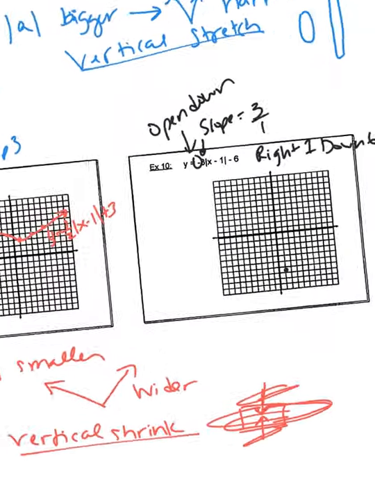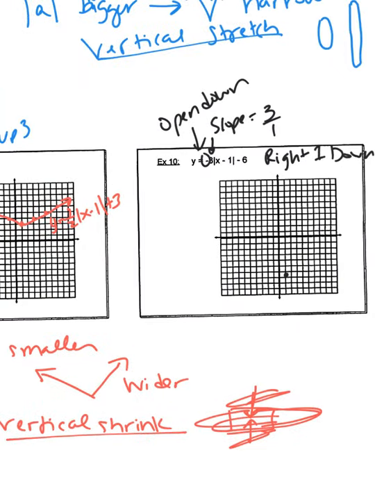Let's see if I can make this bigger. 1, 2, 3, 4, 5, 6 is over there. And I guess I don't have much room to go open downward. So my slope is 3. So I'm going down 1, 2, 3 over 1. So all I can graph here would be this.